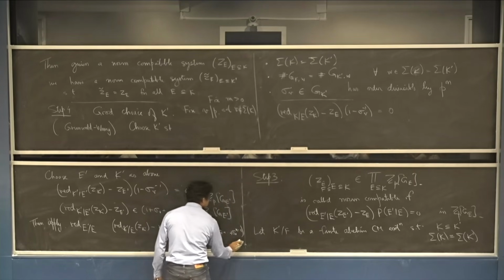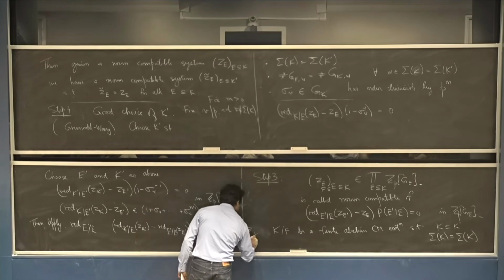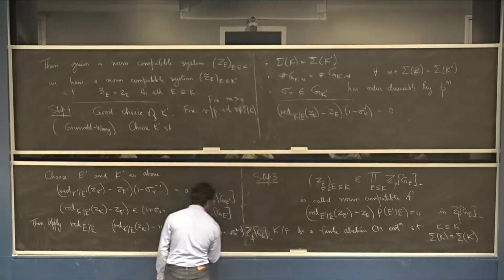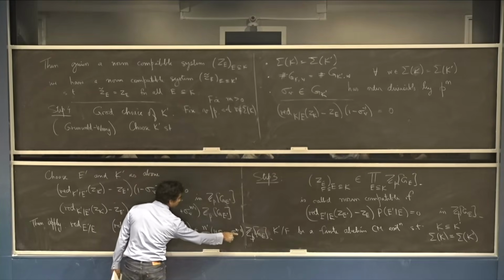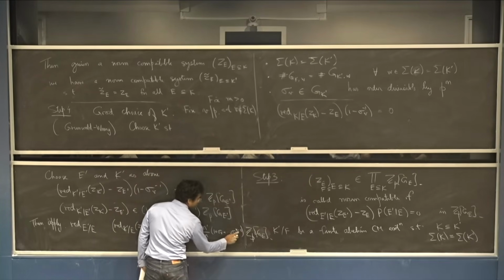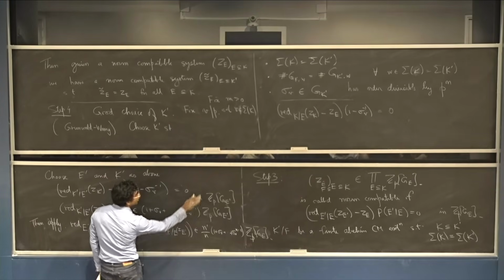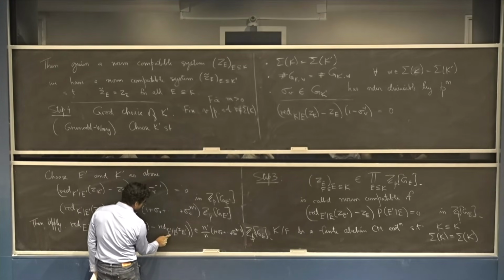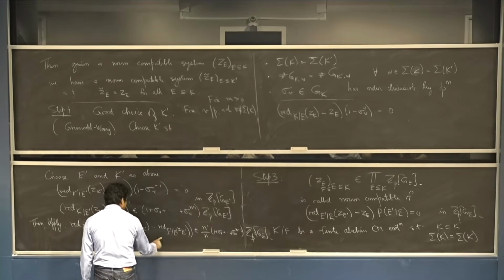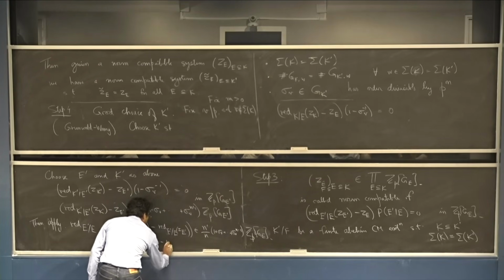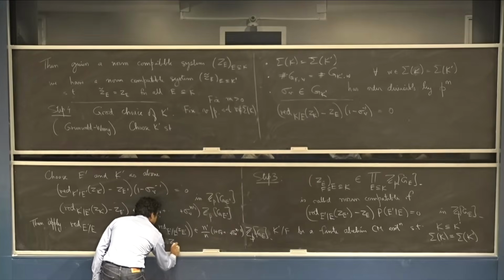But this is now inside Z p G E. So you get this factor here, and this n is bounded because it just depends on E. And because of the choice of our sigma E and sigma E prime, this just becomes reduction from K to E of z K minus z E.